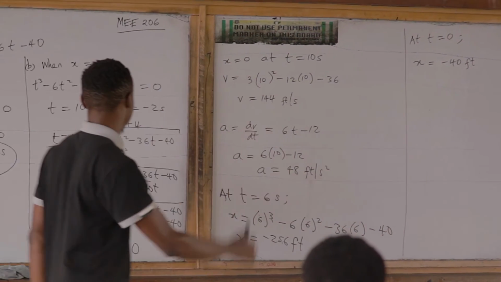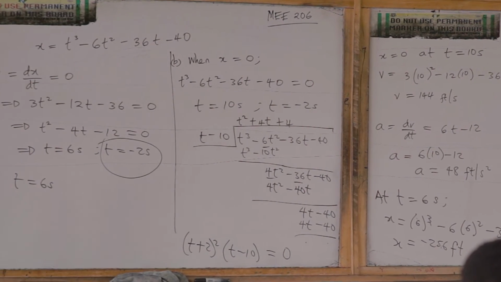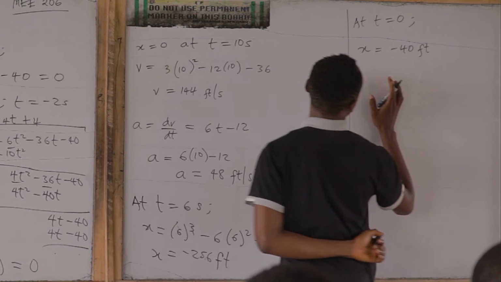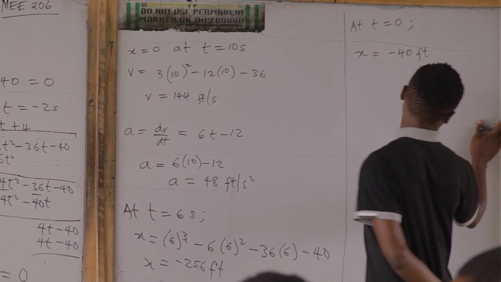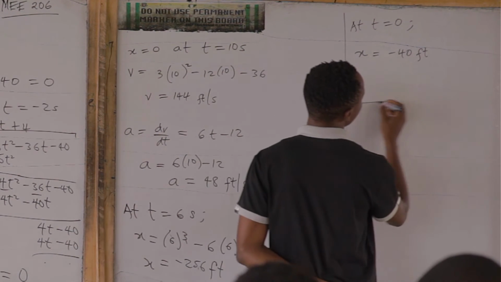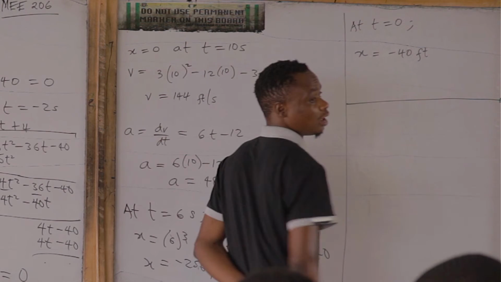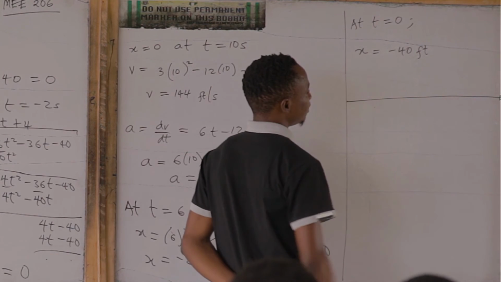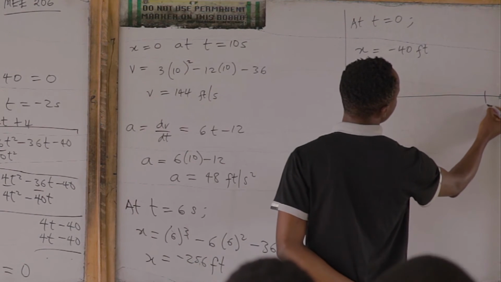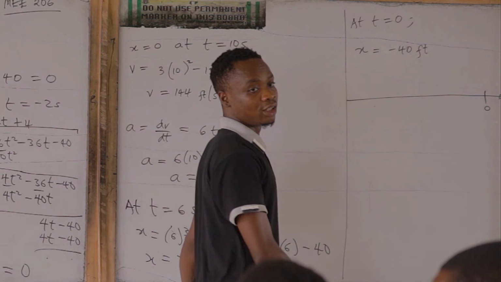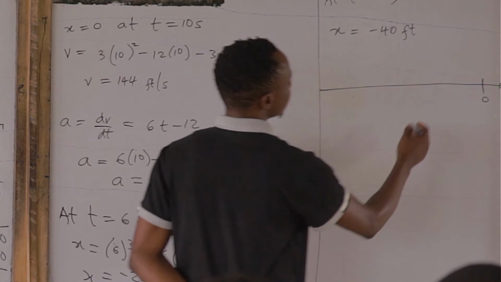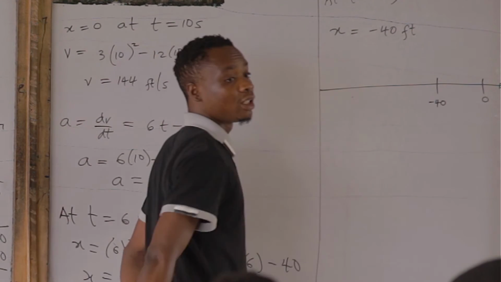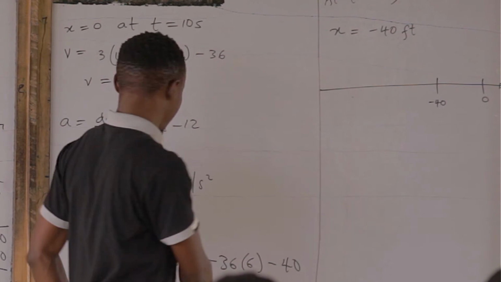So this is what he told us by himself. Okay, so look at this now. We know the positions at different times. Pay attention now. This means that the body started this way. Let's say we want to do this on our x-axis, and this is position x equal to 0. We started at minus 40, somewhere around here, then it moved to minus 256.